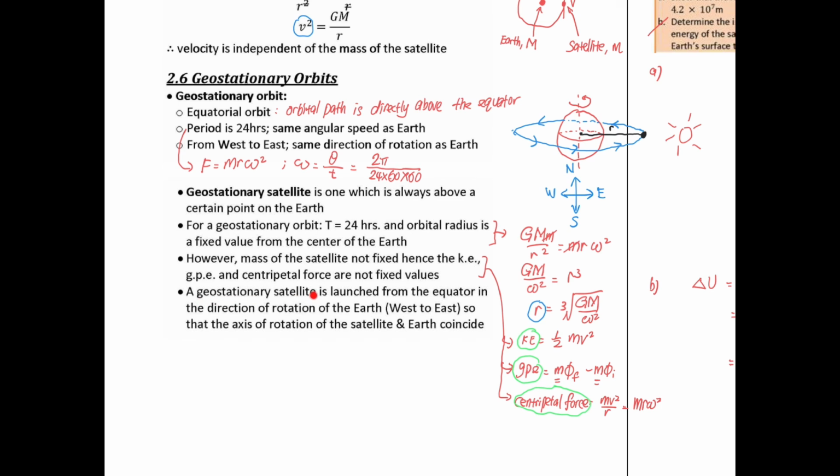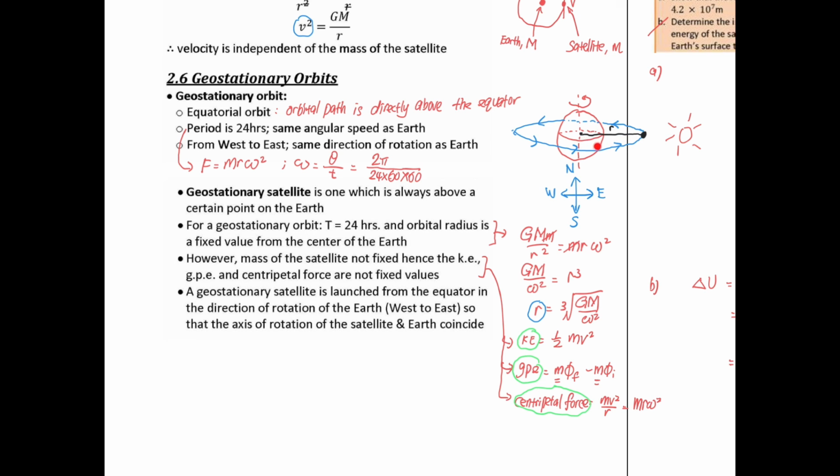A geostationary satellite is launched from the equator in the direction of rotation of the Earth. Okay, so west to east. That means when you launch, let's say this is the place that you are launching the satellite, you have to launch from west to east, something like to the right.